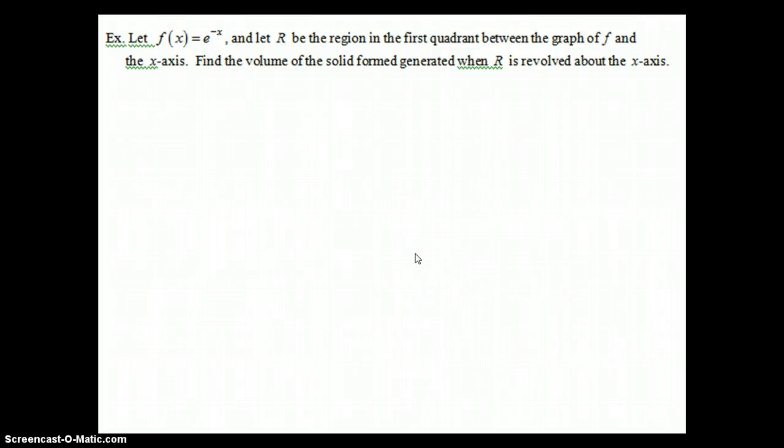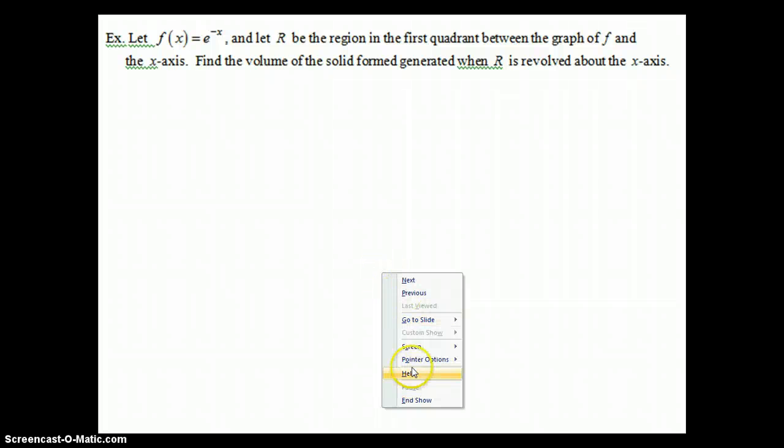So if we sketch that graph, let's get the pen working again. Again, we're interested in the first quadrant piece, and it starts up here at 0, 1 and comes down here.